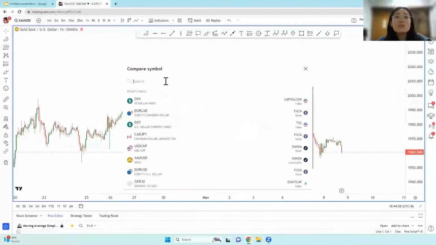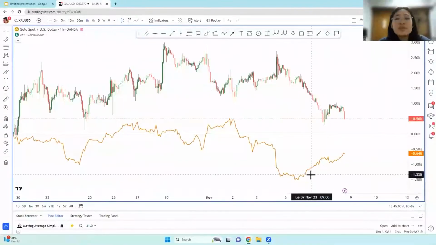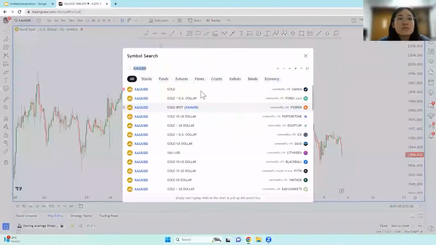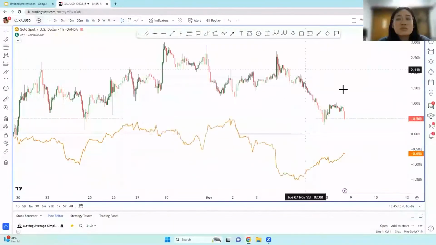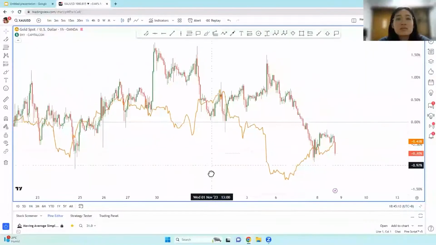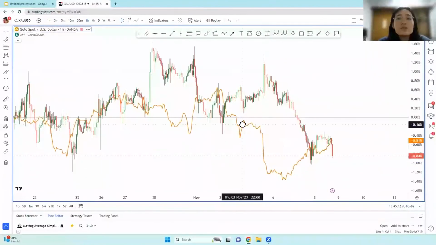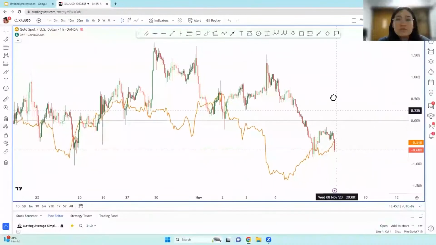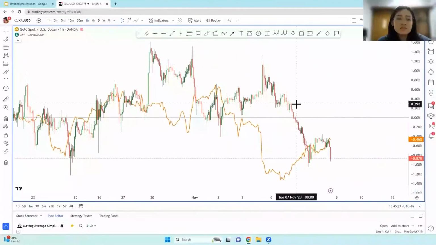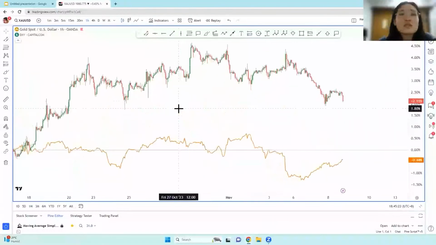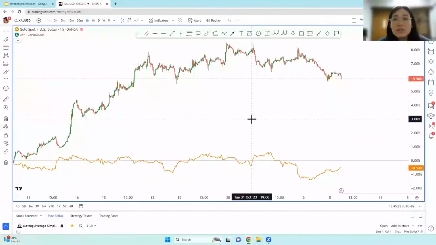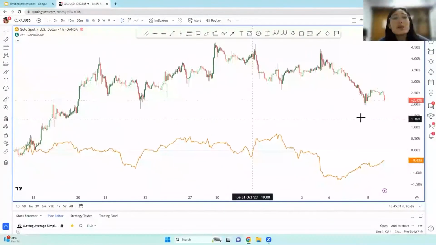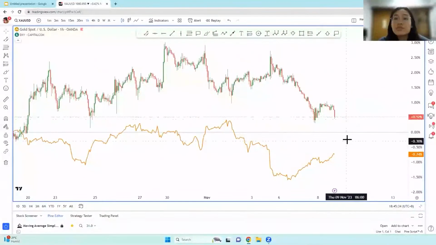If you want to compare, let's take a look at DXY. If you're not super sure what the directions are, you can always compare with DXY, since we mentioned that DXY and gold tend to be negatively correlated.